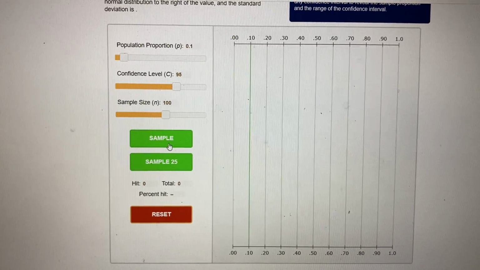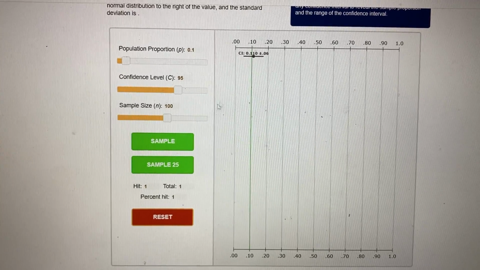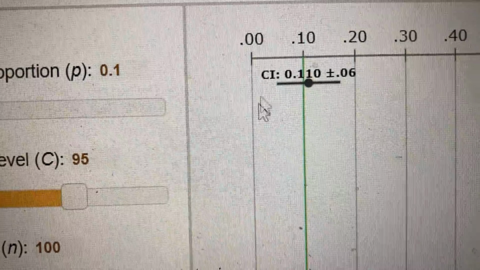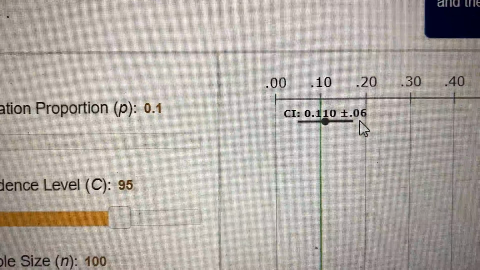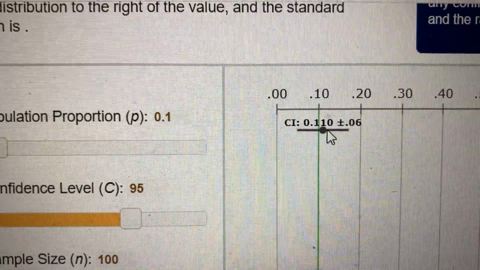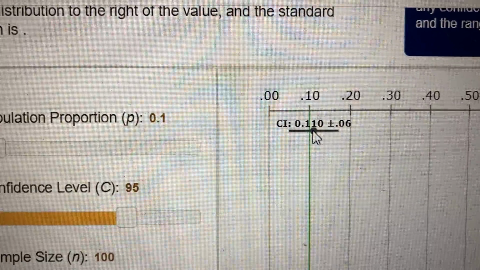Okay, so we're going to make a sample. So here's a sample. Our sample came back as 11% plus or minus 6%. That's our confidence interval. So we're not saying that the exact proportion is 11%.